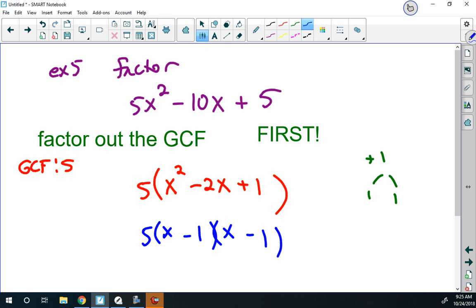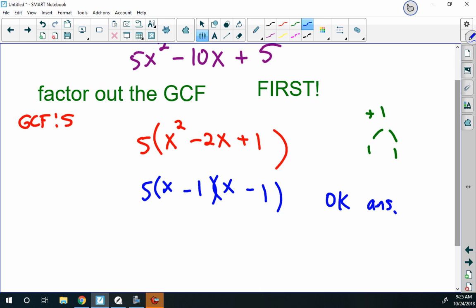This is an okay answer, but it's not good enough. There is a better way to write this. If you had 5x minus 5 times x minus 1, I wouldn't be mad at you, but I would have to deduct a point because out of this, we can factor 5 out of that.